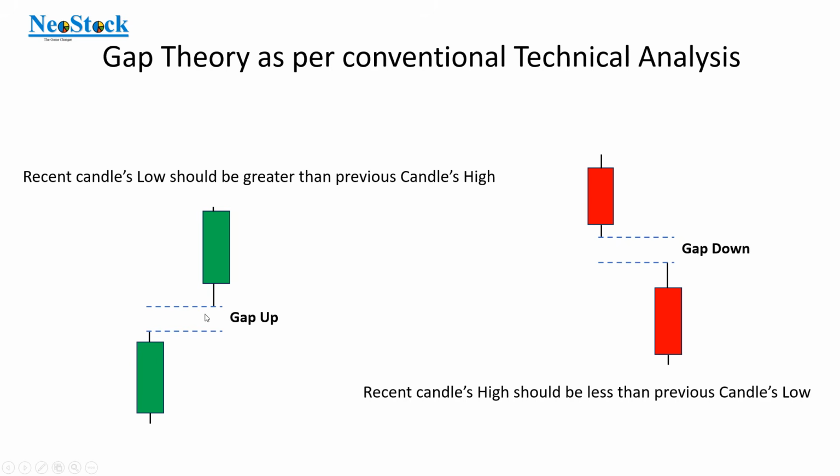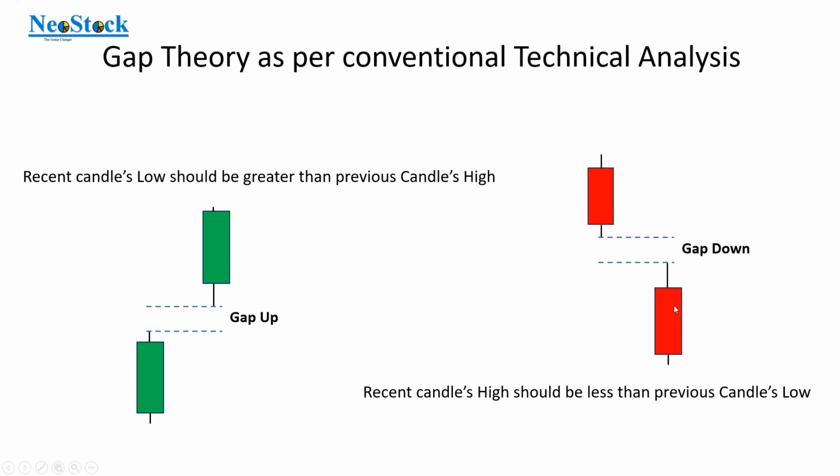Bullish direction means up direction. Bearish direction is down direction. Generally when prices move with a gap up, it indicates a bullish market and there is a belief, I am saying it is a belief. What is the belief? The prices will further go up.